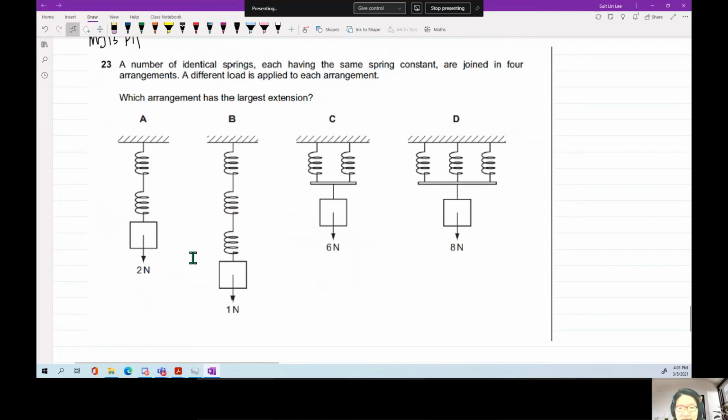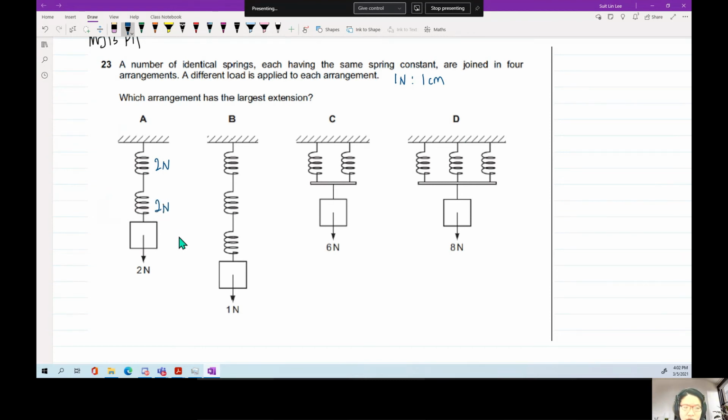Okay, applying the same concept to this one. They're asking which one has the largest extension, but right now the springs are identical and we change the load. To make it easier, I'm going to assume that 1 Newton will create an extension of 1 cm. Right now, I'll start with A first.